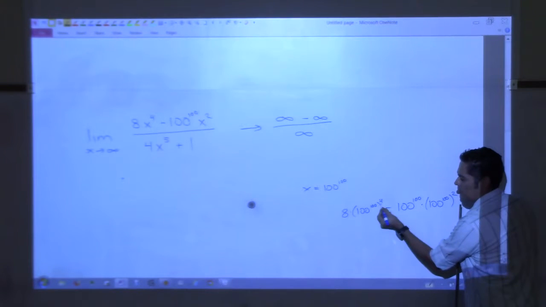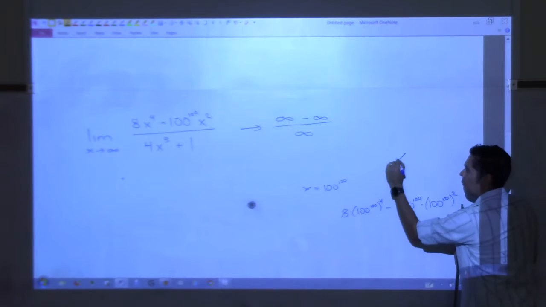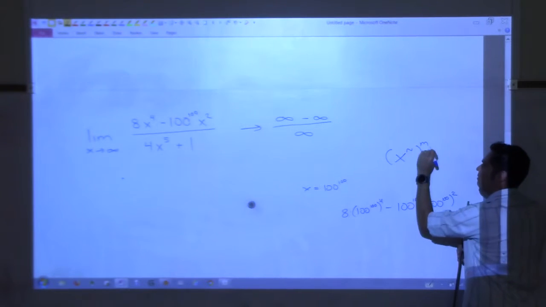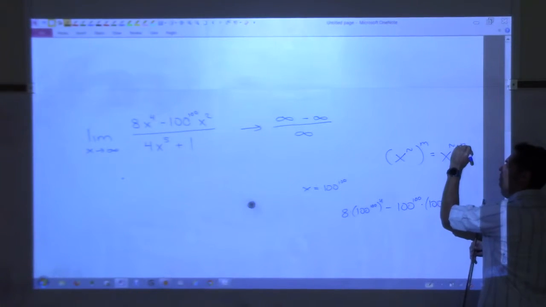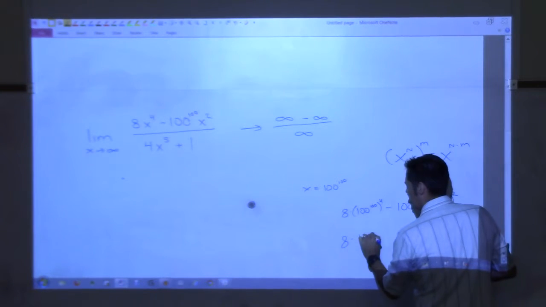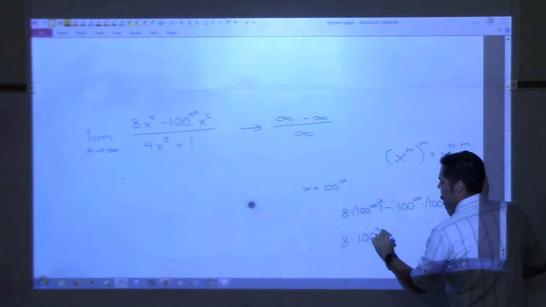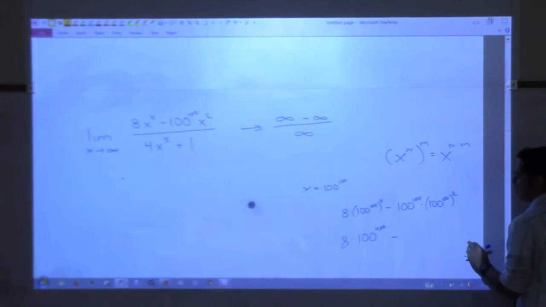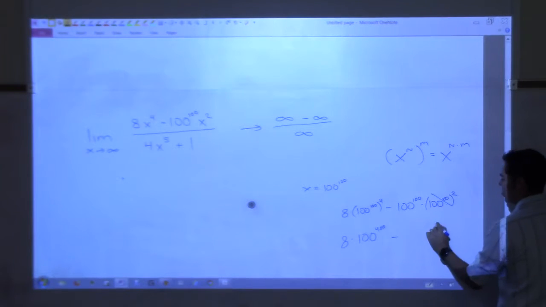Okay, what happens when you take something to a power to a power? What do you do to these powers? Multiply them, right? x to the n to the m is x to the n times m. So you multiply these. So this is 8 times 100 to the 400th power minus, now here, what would this be? This would be 100 to the 200, right?